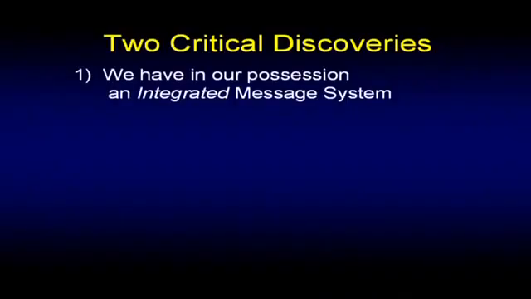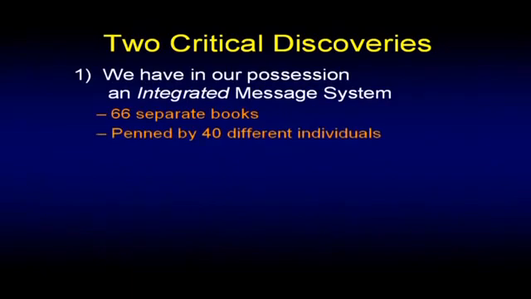My technical background, I've spent 30 years in the strategic arena, but my technical background is in the information sciences from way back. And so I'm using these terms very precisely. We have in our possession an integrated message system. And it consists of 66 separate books penned by over 40 different individuals and over thousands of years.